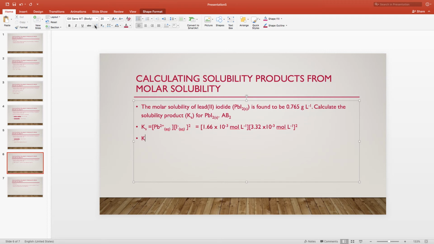So Ks is going to equal: let's square the 3.32 first, and then multiply that by 1.66 times 10 to the negative 3, and so you get 1.83 times 10 to the negative 8.